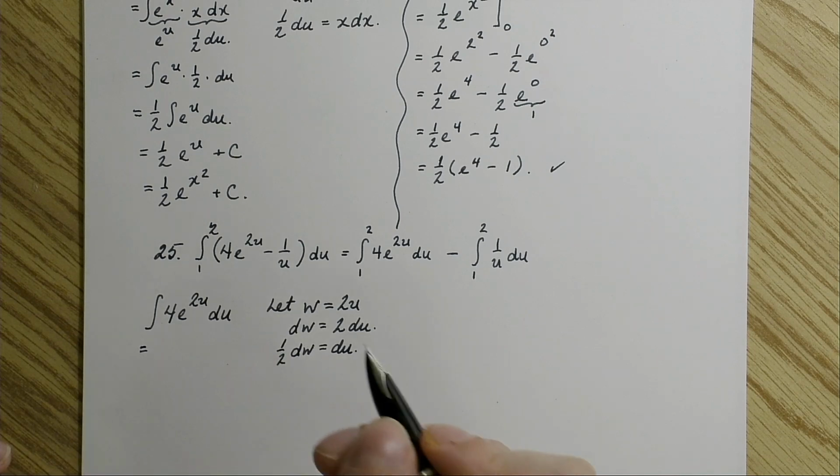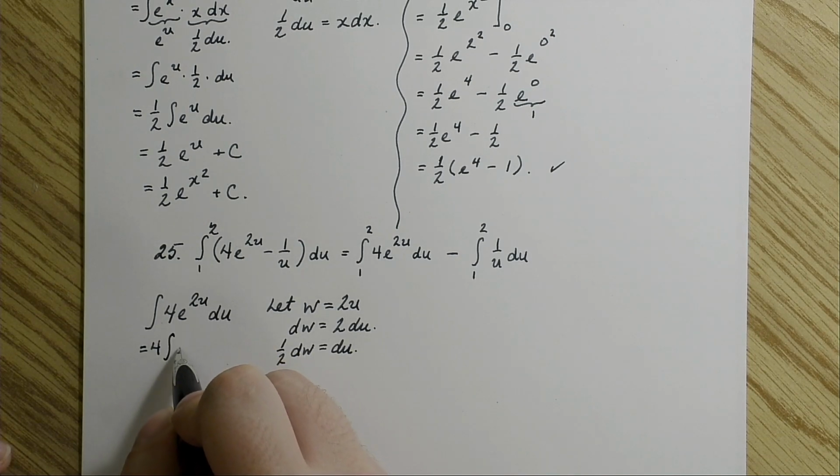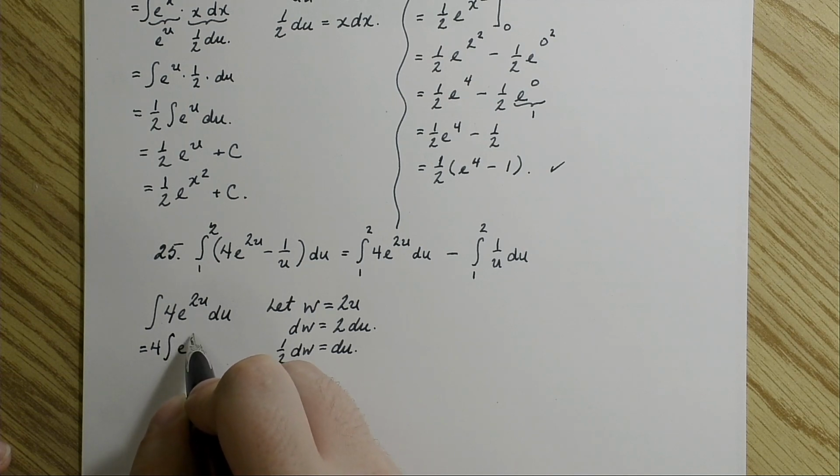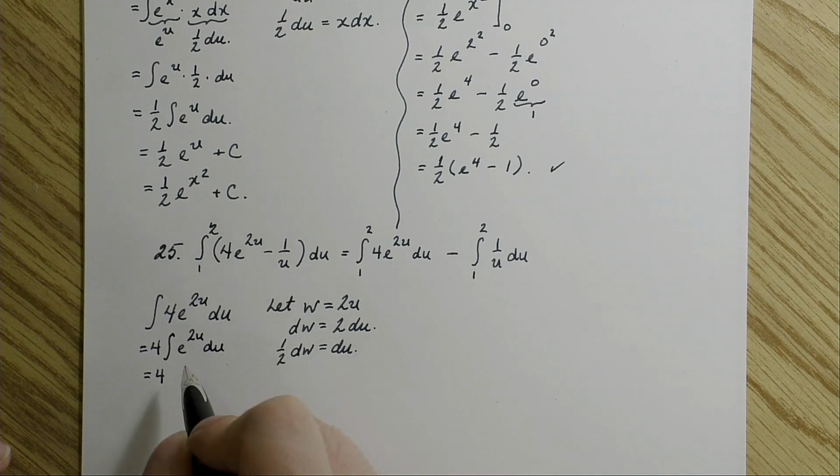Okay, so I'll factor out this 4 here. I have the integral of e to the 2u du. And now I can replace that, so I have e to the w.